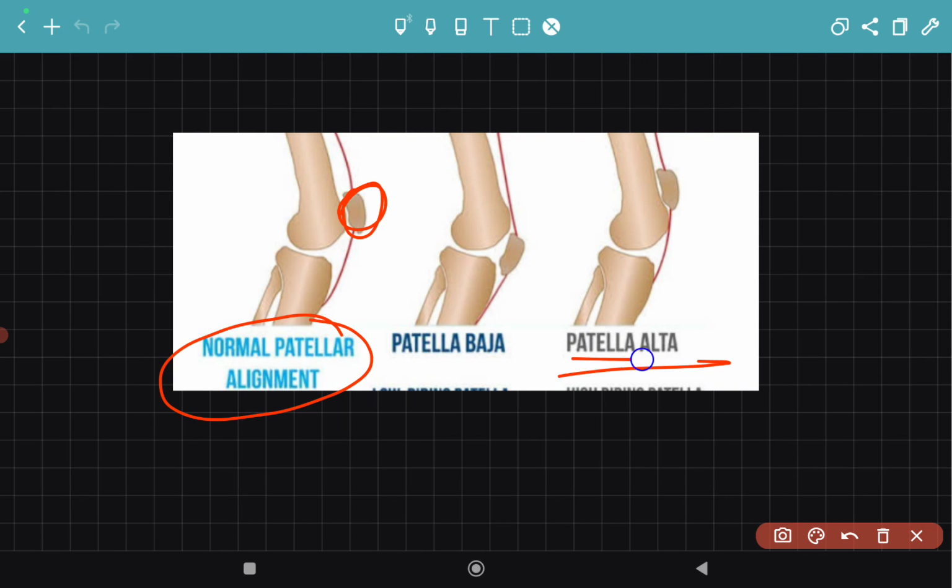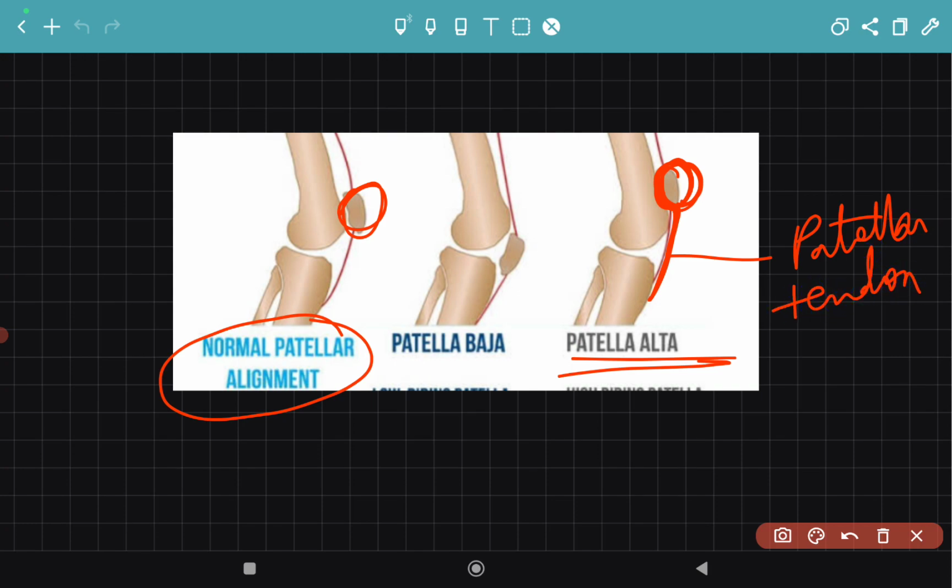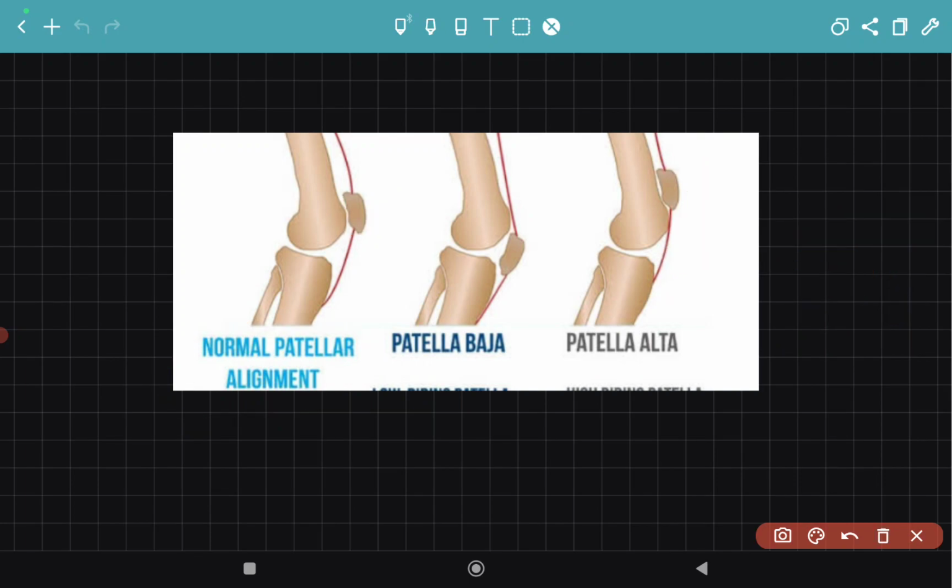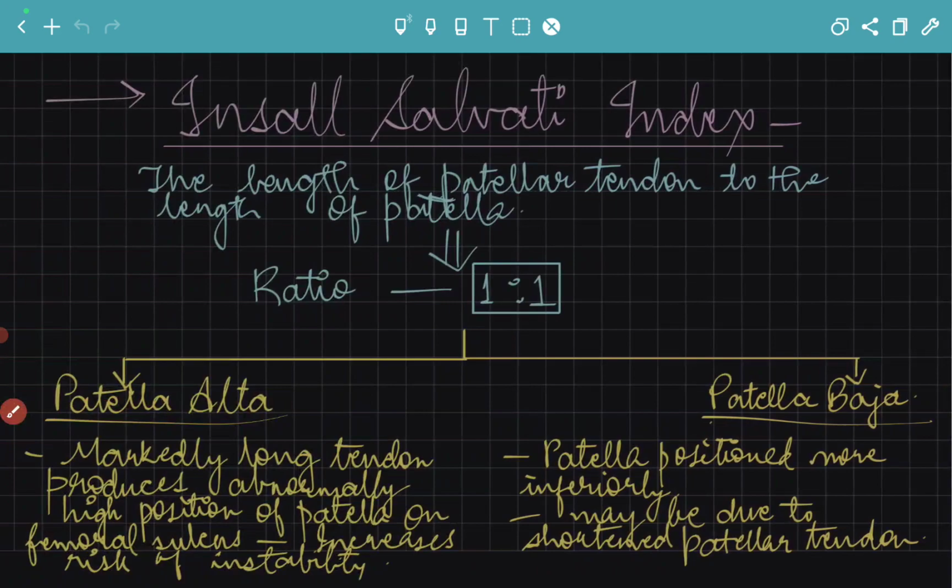Now in patella alta, we see the patella is at a slightly higher position than the normal one, because of the increased length of the patellar tendon, which will increase the risk of instability. The patella will be more unstable in this case.